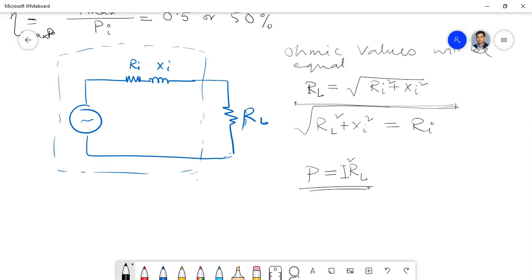In electrical technology, V into I conjugate is the apparent power, and this has two parts, real power and imaginary power. The real power is called the active power, the imaginary part is called the reactive power, and this is called the apparent power.